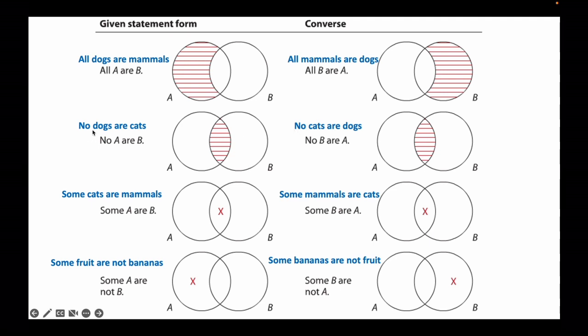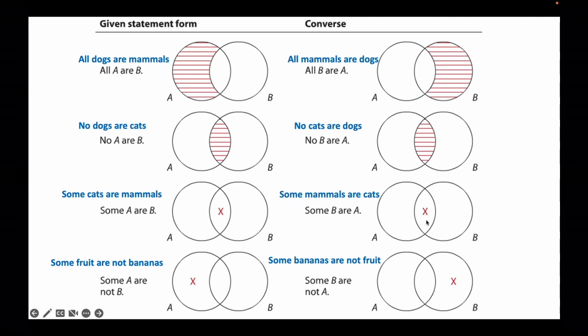They mean the same things. No dogs are cats implies that no cats are dogs. So a true E, the converse of a true E, is also true.